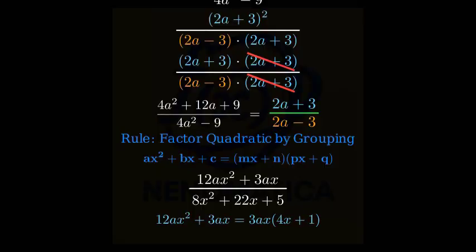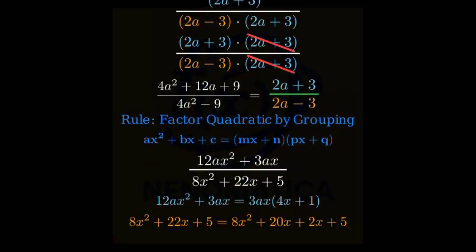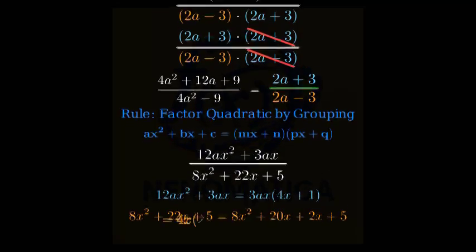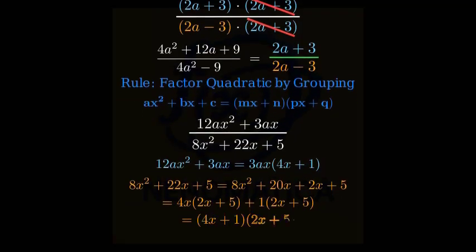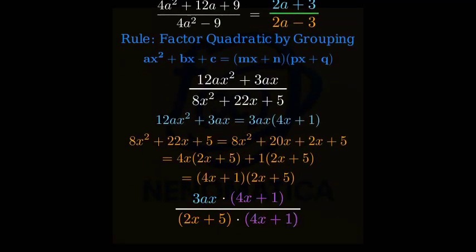We split 22x as 20x plus 2x. Group and factor 2x times open parenthesis 4x plus 1 close parenthesis plus 5 times open parenthesis 4x plus 1 close parenthesis. So the denominator is open parenthesis 4x plus 1 close parenthesis times open parenthesis 2x plus 5 close parenthesis. Now build the factored fraction and cancel the common factor 4x plus 1. And write the simplified result.